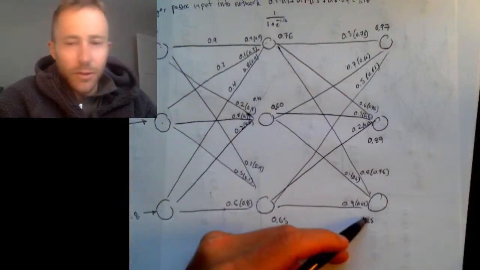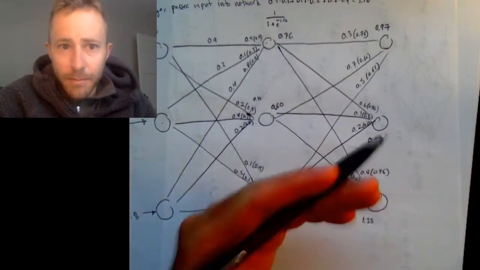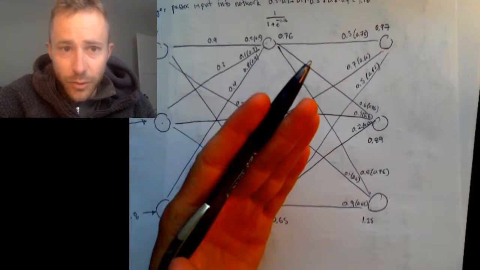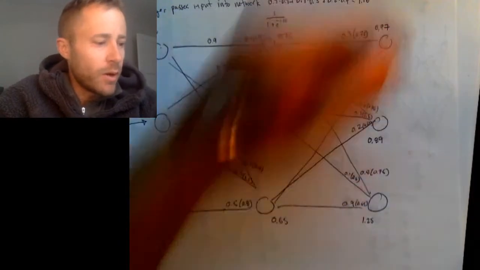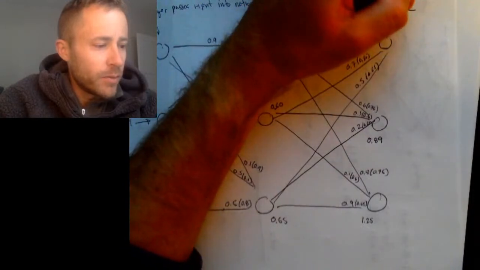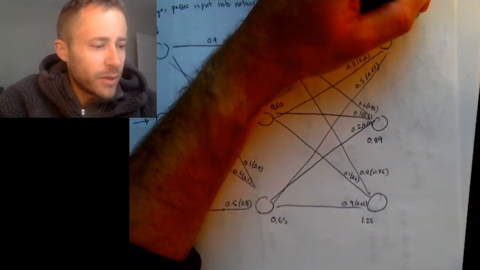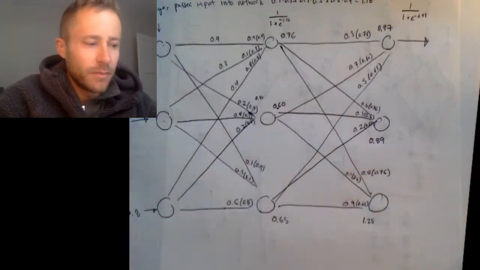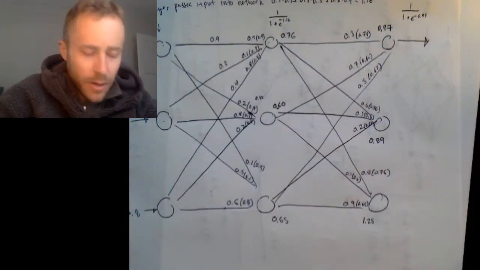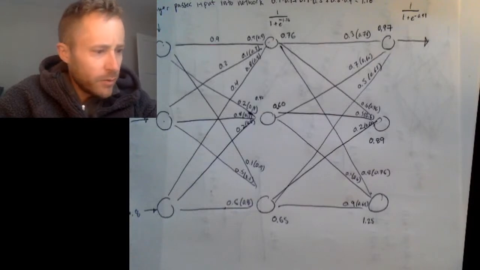So now once I have those inputs, I apply the sigmoid function to them. So I'm going to do 1 over 1 plus e to the negative 0.97, and that's going to be the output of this neuron.